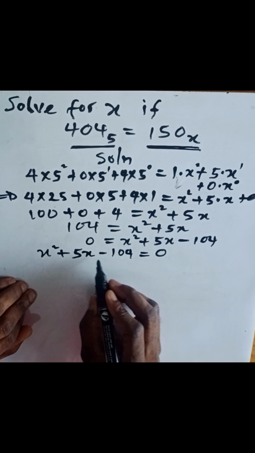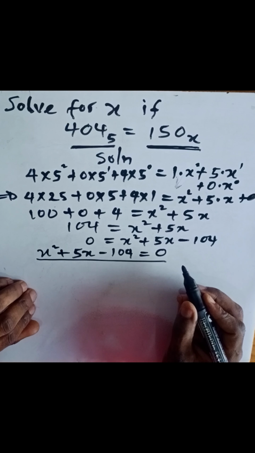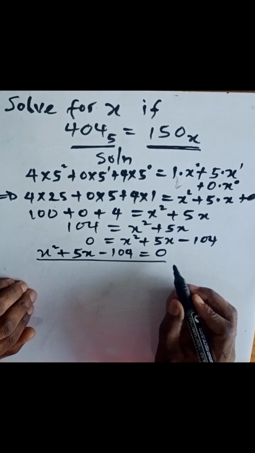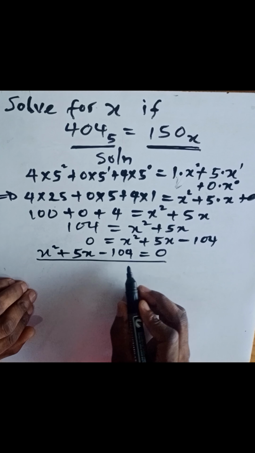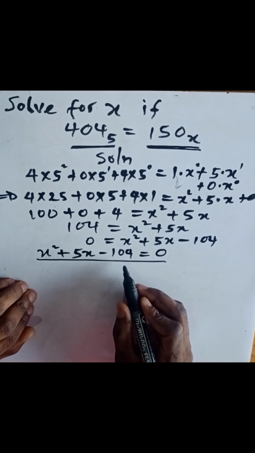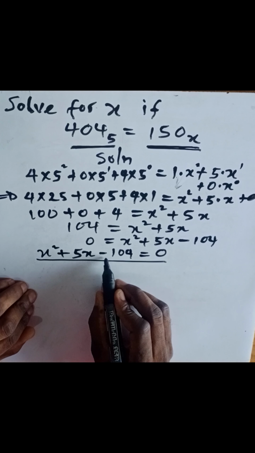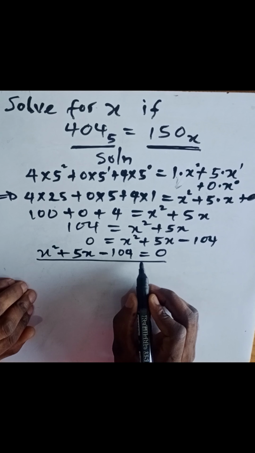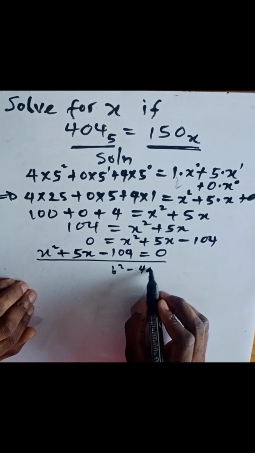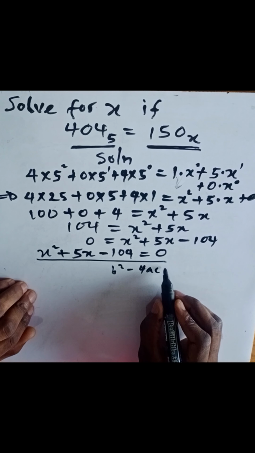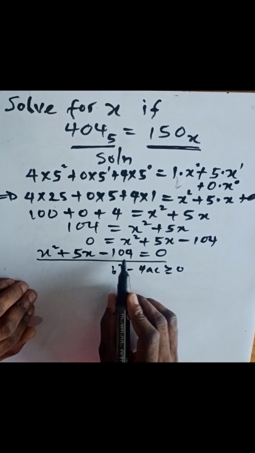This is a quadratic equation, right? Does this equation have real values? Yes. If you check, this is our c, minus 104, so b squared minus 4ac will be greater than or equal to 0.